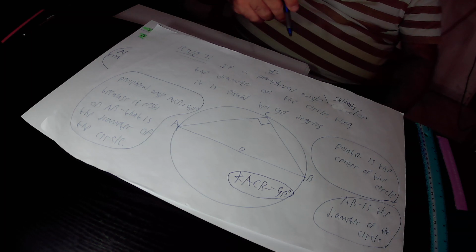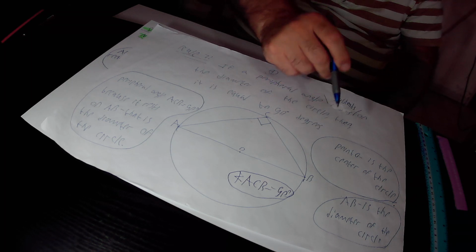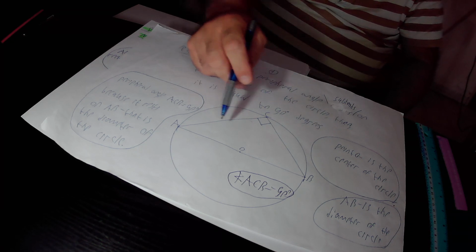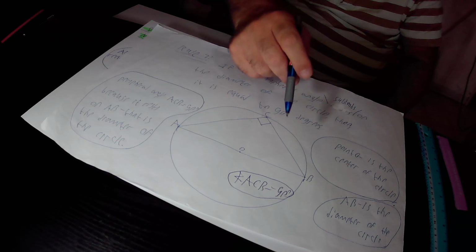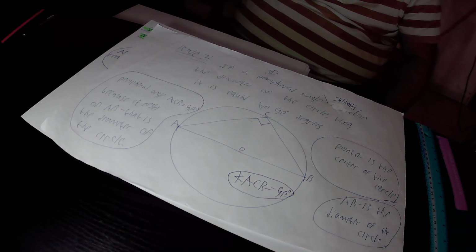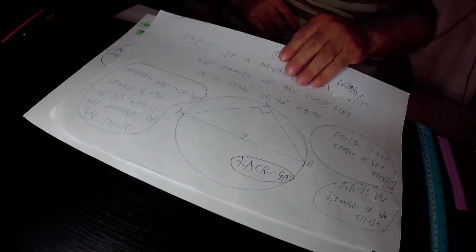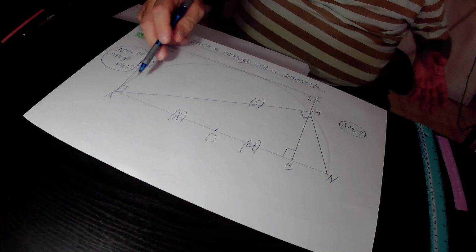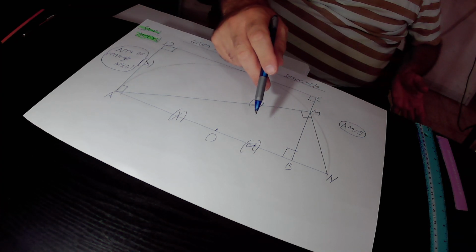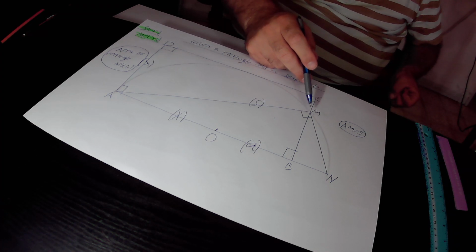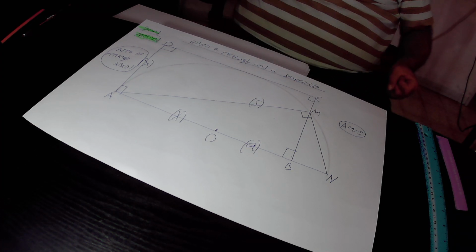In addition, we have here peripheral angle ACN. And because peripheral angle ACN subtends on AB, that is the diameter of this circle, peripheral angle ACN must be equal to 90 degrees according to this rule 7. And because peripheral angle AMN subtends on AN, that is the diameter of this semicircle, peripheral angle AMN must be equal to 90 degrees according to rule 7.